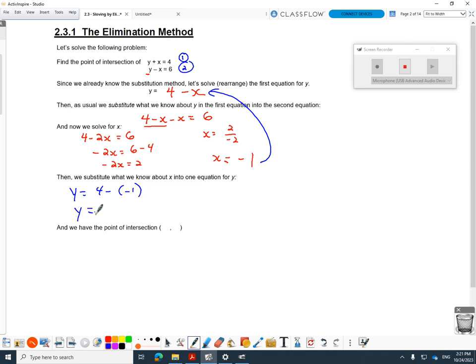We talked about some being easy and some being hard. 4 minus negative 1 is no joke. 4 subtract a negative would be the same as 4 plus 1. It's 5. Maybe you need your calculator for that.